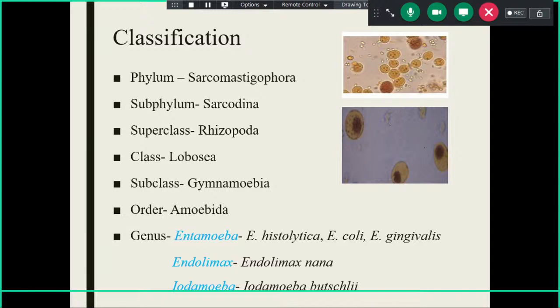When they say 3 non-pathogenic, then non-pathogenic species like Entamoeba coli, Entamoeba gingivalis, Endolimax nana, Iodamoeba butschlii, that you have to show in the stool. Okay, which one is the parasitic one? The parasitic one is Entamoeba histolytica.